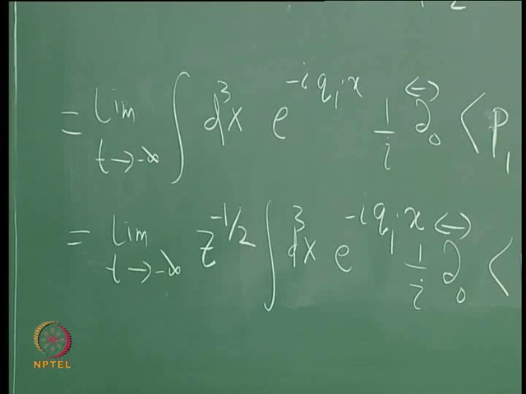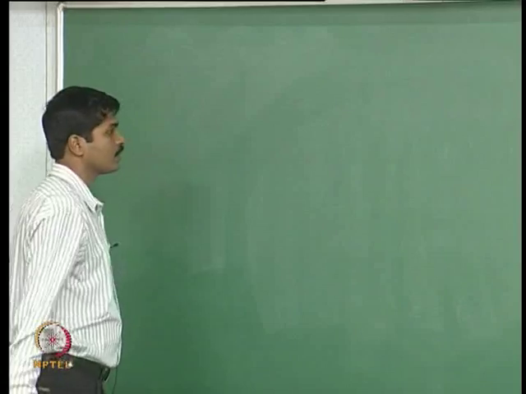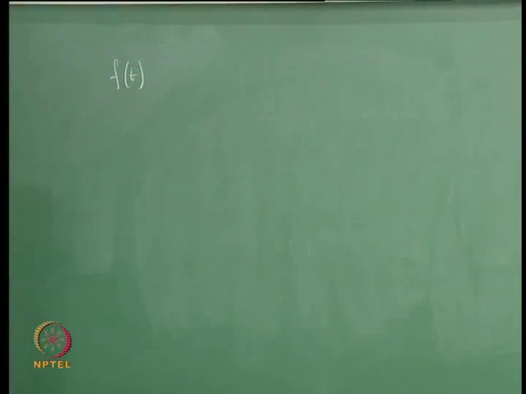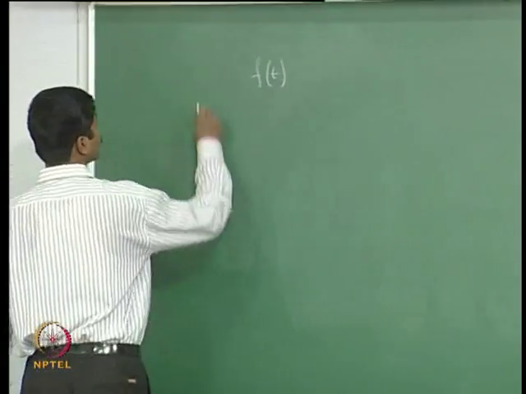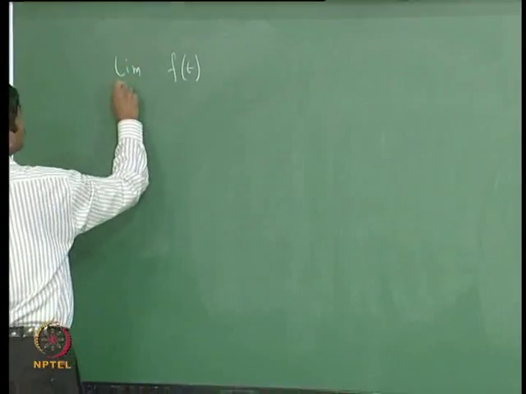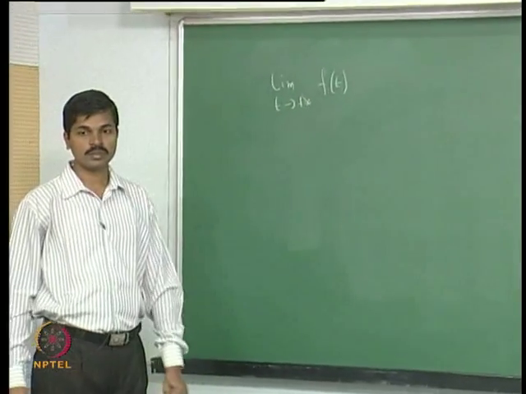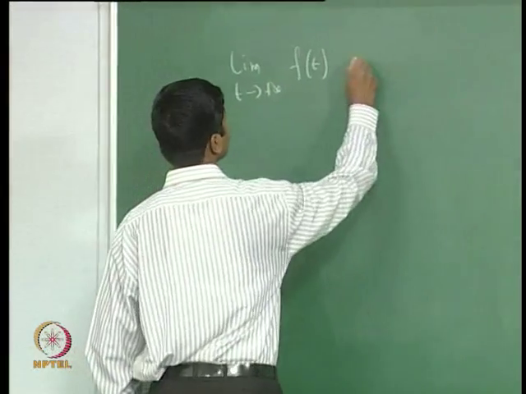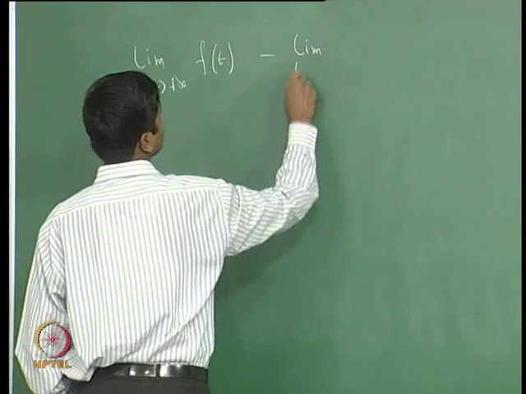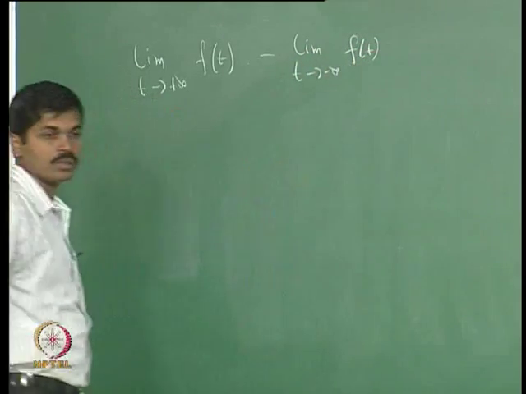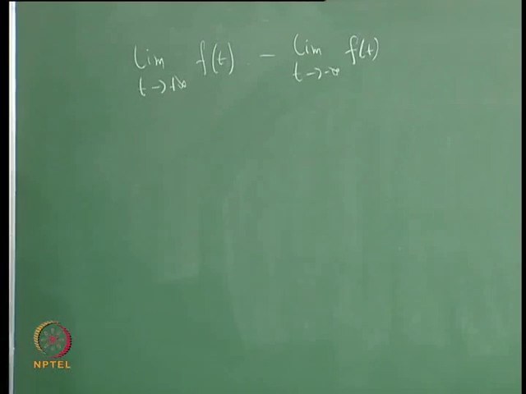So, you consider some arbitrary function of t, and you consider the limit t goes to plus infinity of f of t, and the limit t goes to minus infinity of f of t, and you subtract these two terms.